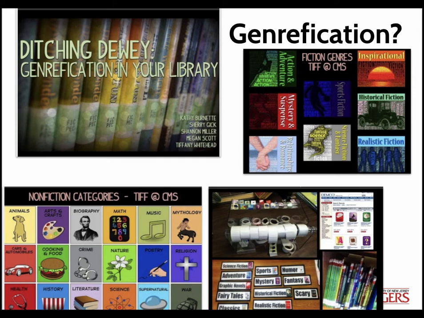These are things you're going to need to decide upon. Many librarians have discovered by genreification that they've increased circulation and student interest, and they see the collection just moving more.